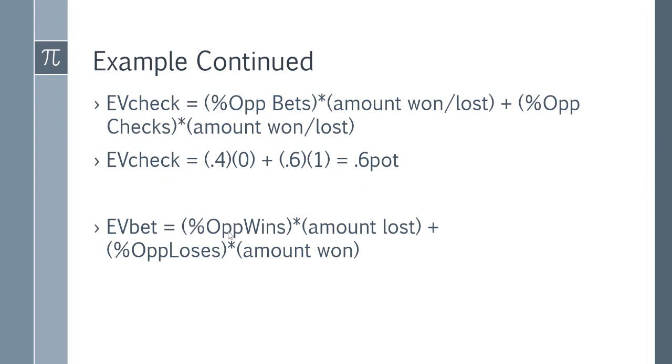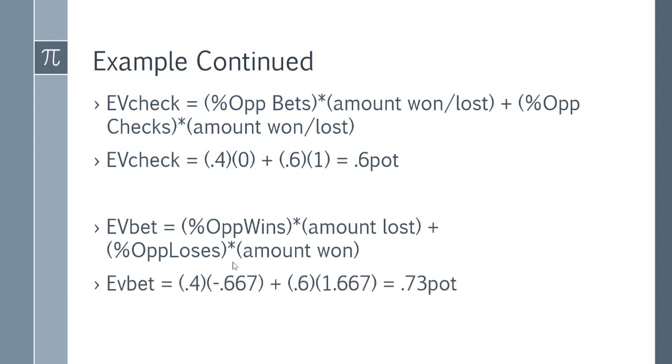Same thing, the percent of the time that he wins, which is going to be the 40%, times the amount we lose when we bet and get called, plus the percent of the time our opponent loses, and the amount that we can win when we bet and get called in that scenario. So here, 40% of the time when we bet, we're going to lose our 2/3 pot stack that we bet.